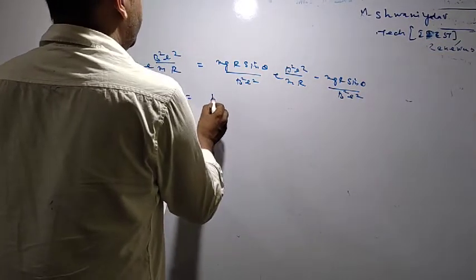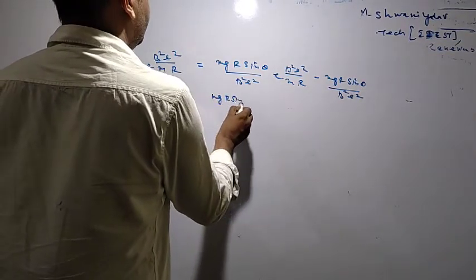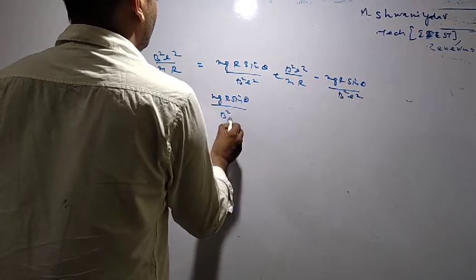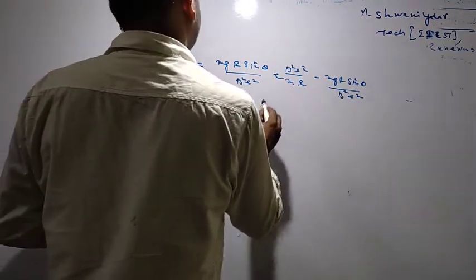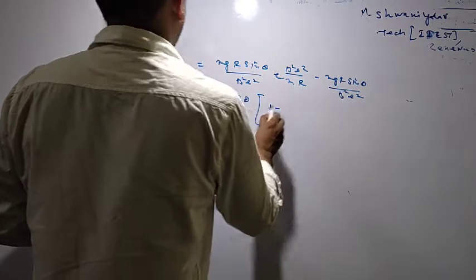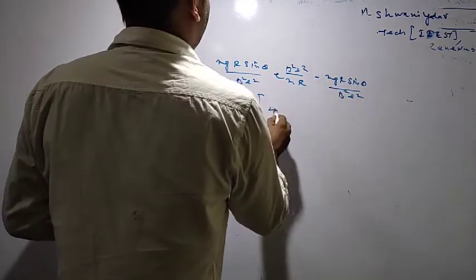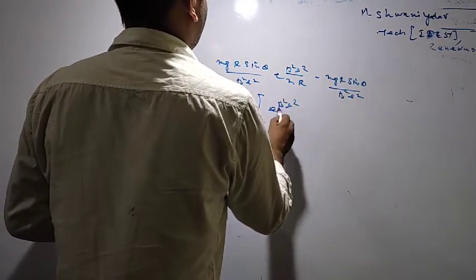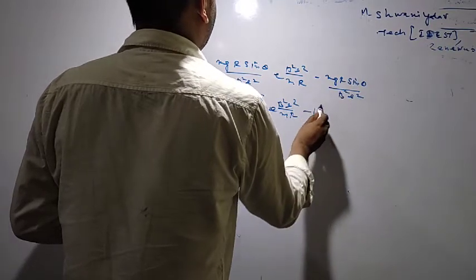So what is the constant here? mgR sin theta over B square L square, times e to the power B square L square t by mR minus 1.